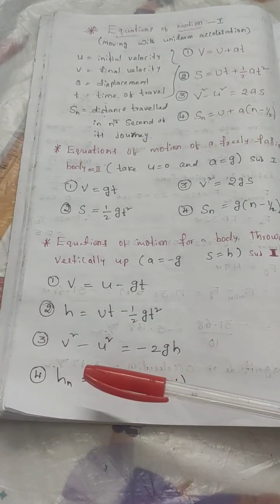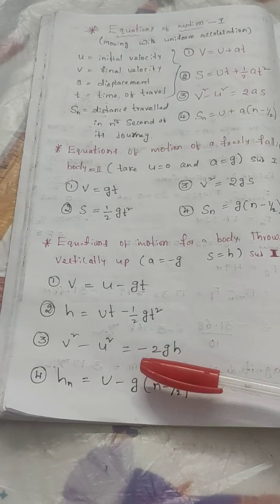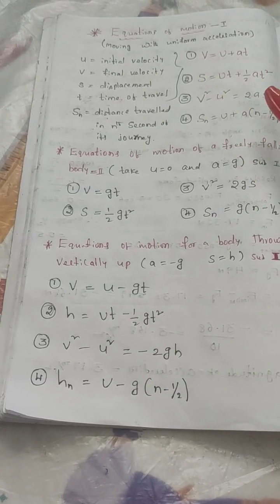Next, the second one: instead of s we substitute h, height. h equals ut minus half gt square. Next, the third one: v square minus u square equals minus 2gh, where a is minus g and s is h.